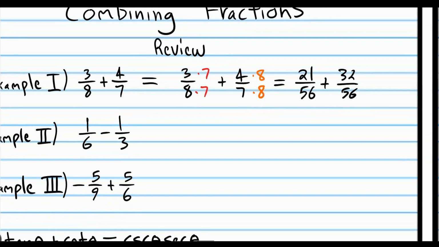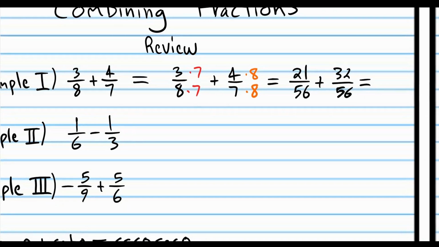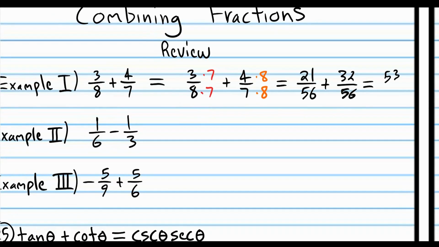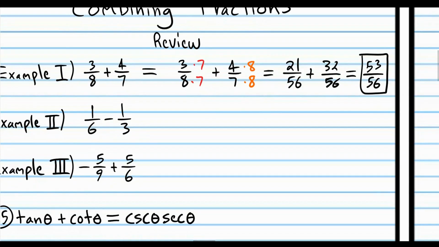Again, this is all things that you should know, but in the real world, some students forget these little details. So once you get a common denominator, you can add the numerators, and the denominator doesn't change. It's like 21 bags of gumballs plus 32 bags of gumballs is 53 bags of gumballs. But in this case, instead of gumballs, we're talking about 1/56 of a whole.